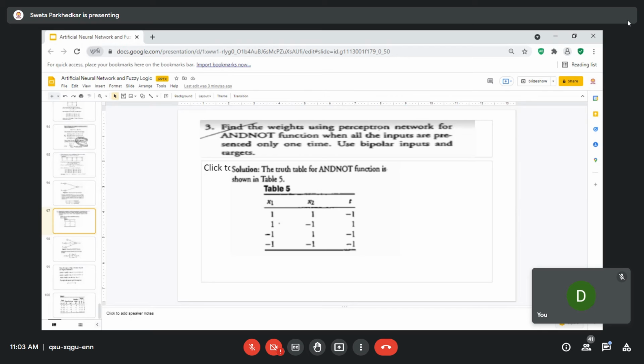Calculate the net input. Net input for the first function, that is x1 equals to 1, x2 equals to 1, w1 and w2 as 0. What you will get? Y in.